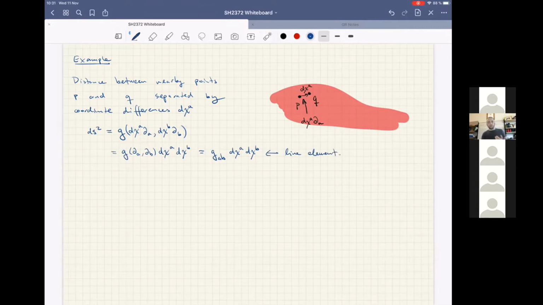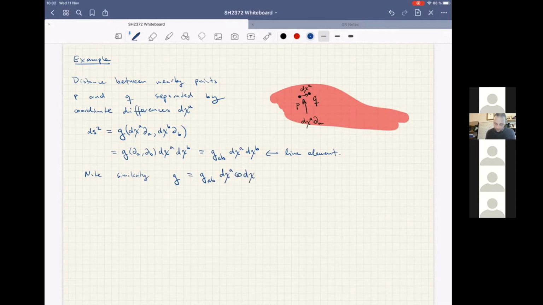So ds squared. Now note that there's a very strong similarity here to the metric tensor itself, which I write in terms of its components, and then the dual vector basis.